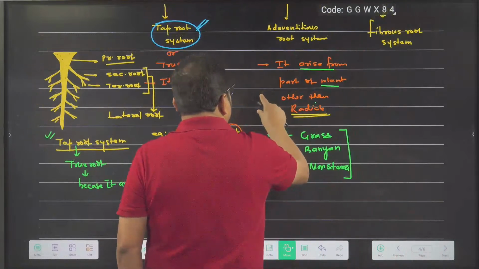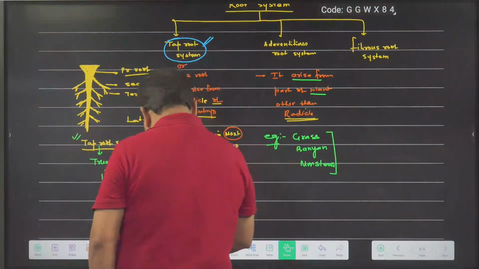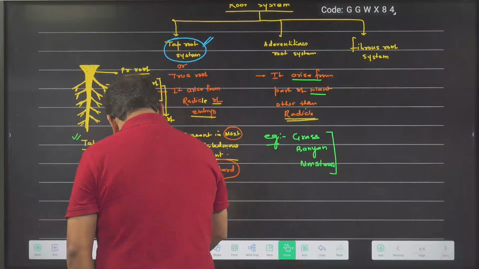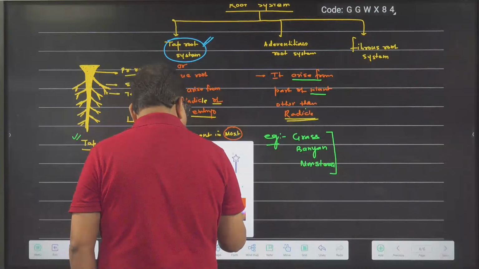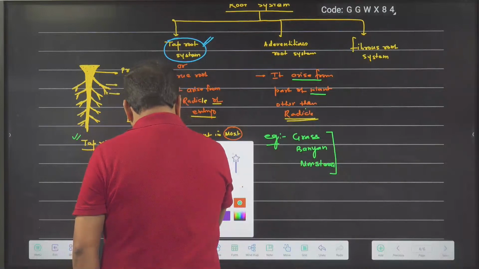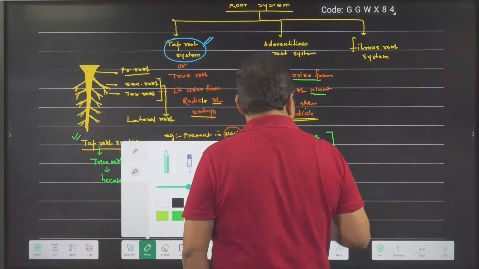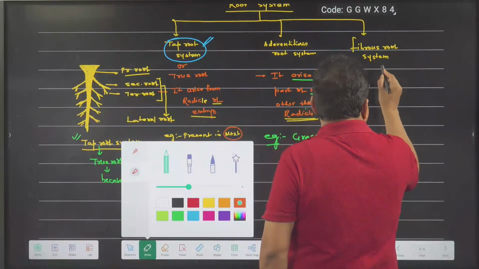I will come in more detail about adventitious root, but give me a while to deal with the fibrous root. First I will explain the fibrous root, then I will explain the adventitious root. And fibrous root I am writing.